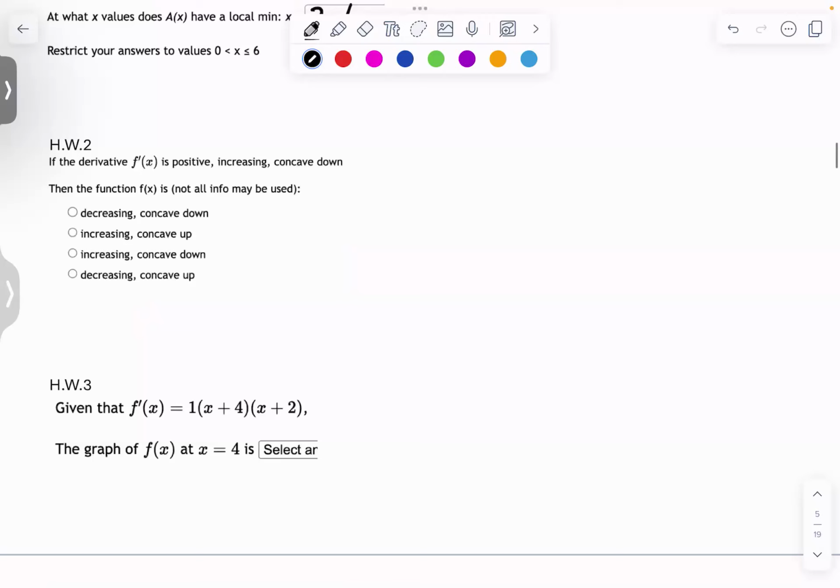If the derivative f prime of x is positive, and it's increasing, that means for sure we are going to be concave up, because that means the second derivative is going to be positive.